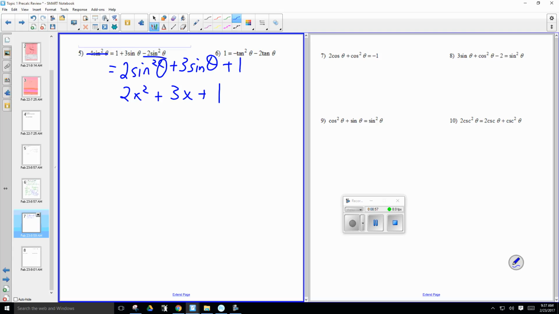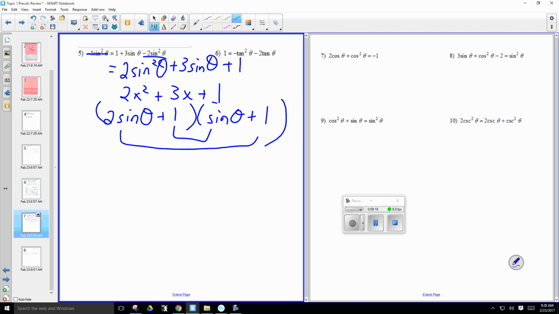So this factors into 2 sine theta and sine theta. The only choice I have is 1. You can make your little magic squares if you like them. But all I have is choice is 1, and I don't know what's out. 1 sine theta, 2 sine theta, 3 sine theta, good.